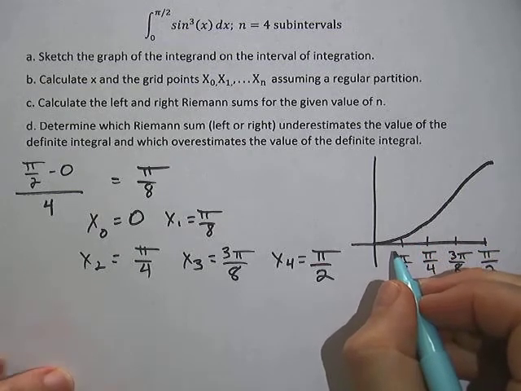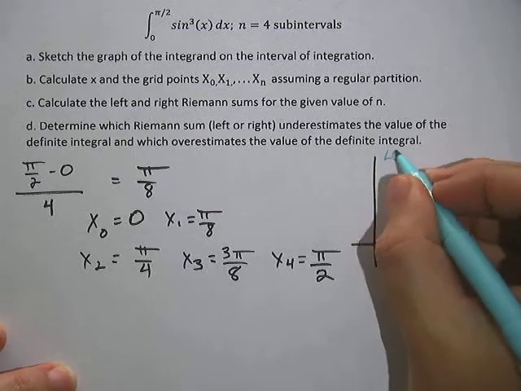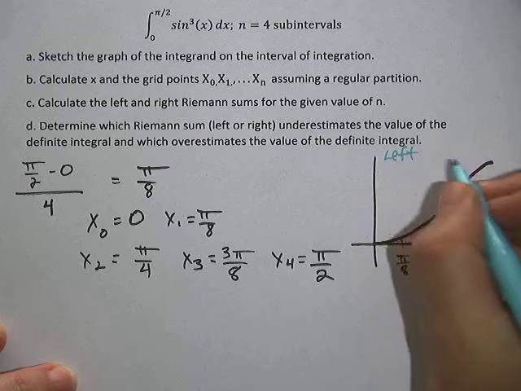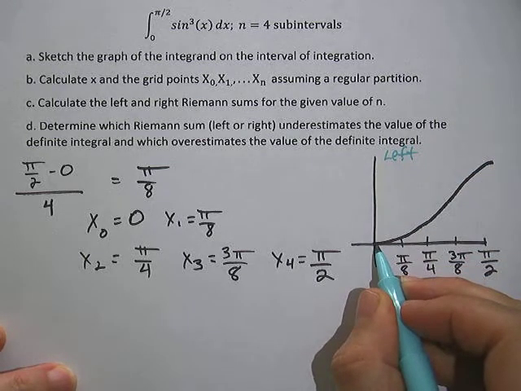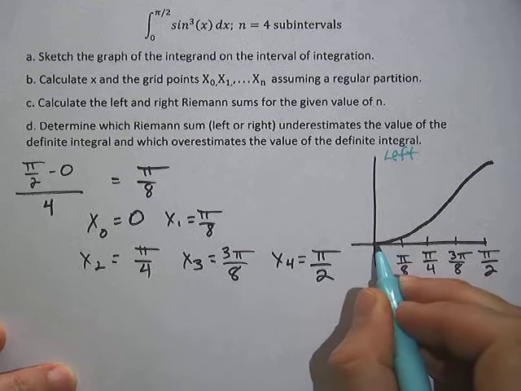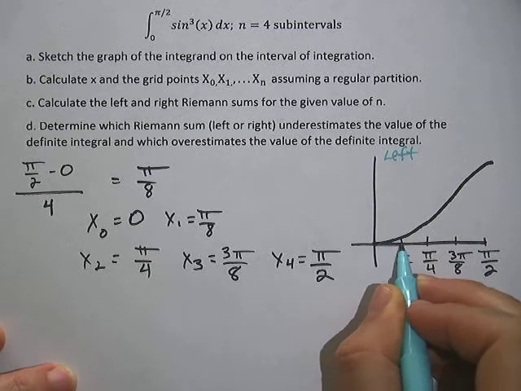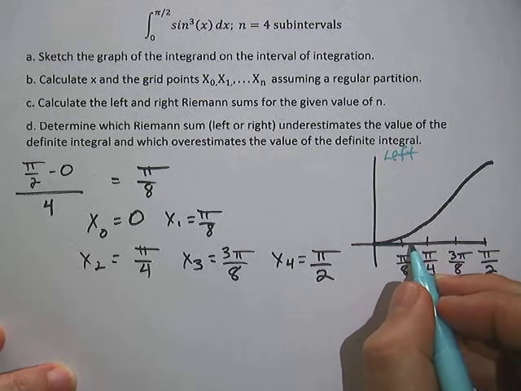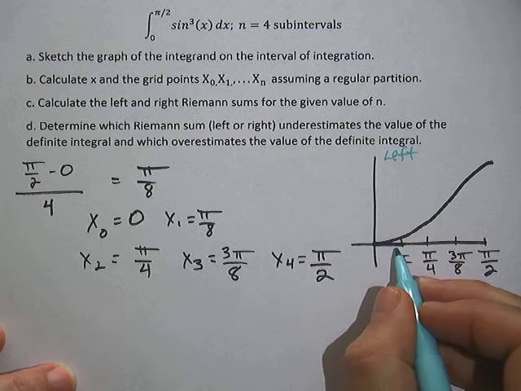For a left Riemann sum, I'll draw this graph again, but for a left sum, we start on the leftmost point of the interval, find the graph there, and go to the right. You can see the graph there is at 0. We can calculate that in a minute. The graph's at 0, so that first rectangle is actually just a line, so it's going to be 0.